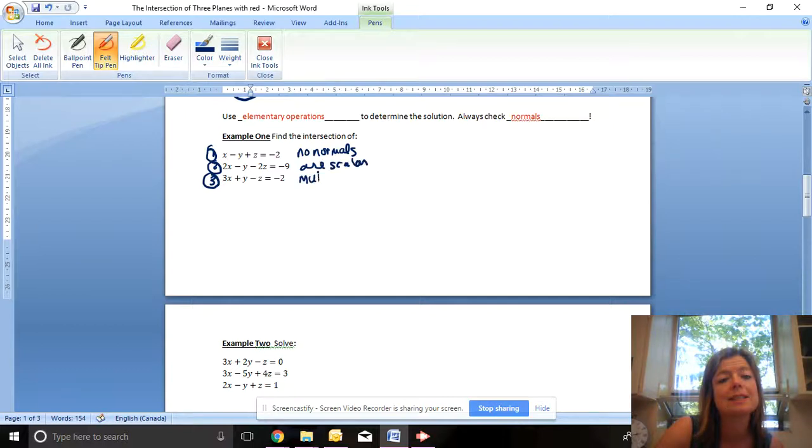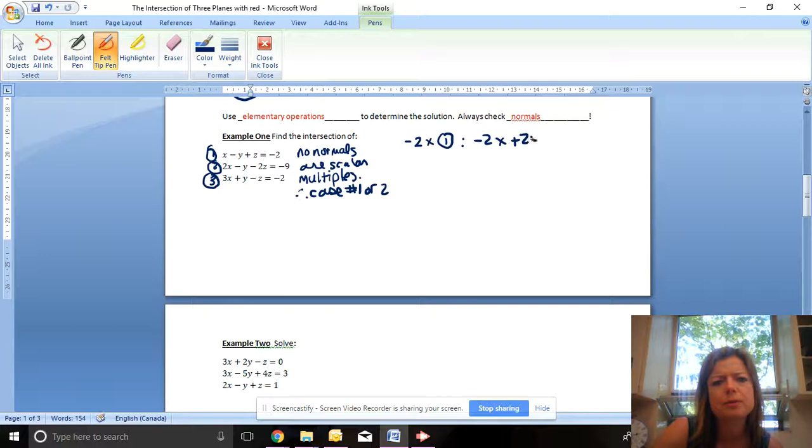If we're just considering consistent systems, the 4 above, then we know that this is either case 1 or 2 from above. So either they intersect along a common line or they intersect at one point. I'm going to try to solve this system to figure that out. I'm going to multiply equation 1 by -2 to get -2x plus 2y minus 2z equals 4.